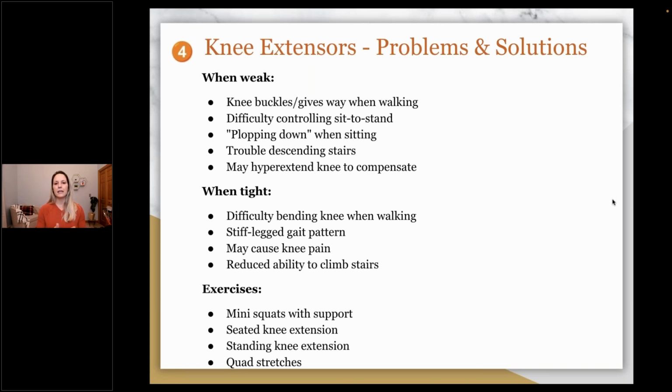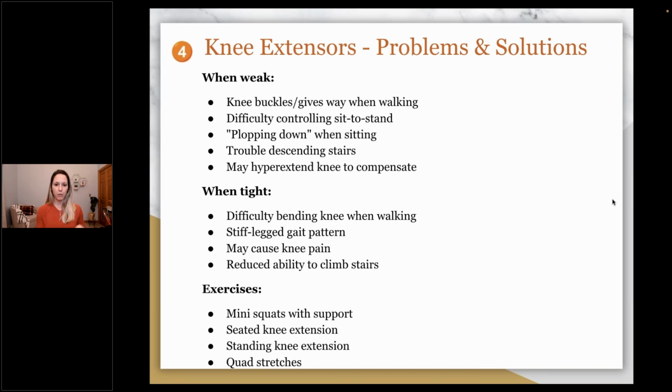If your knee extensors or your quads are weak, you might notice that your knee buckles or gives way when you're walking. So if you're walking and it kind of collapses. You might notice that you have difficulty controlling standing up or sitting down. You might just plop. You might feel like you have difficulty controlling going downstairs. We use these muscles a lot when we're going downstairs.